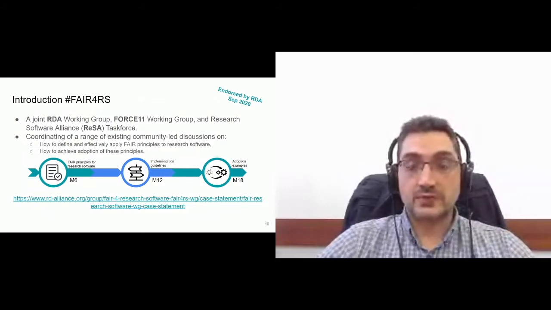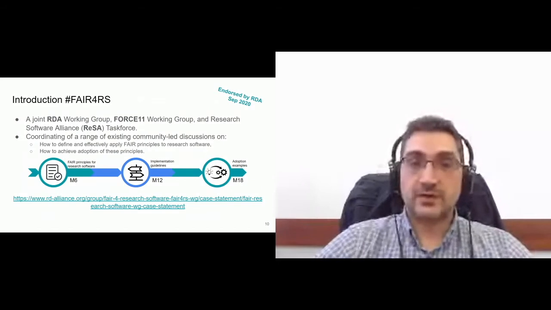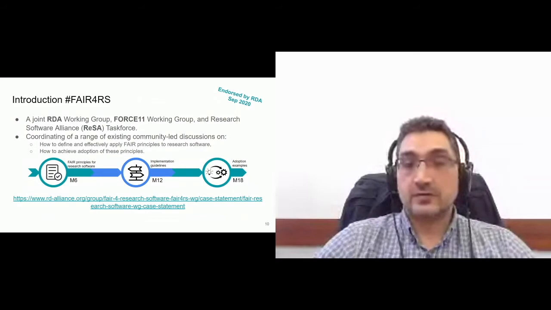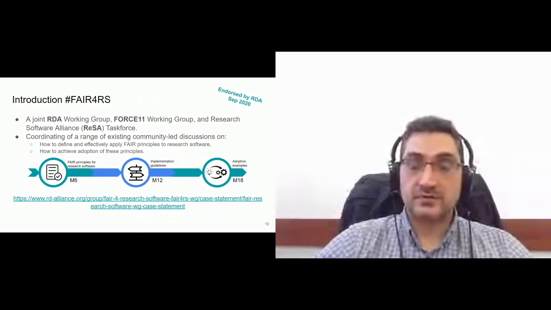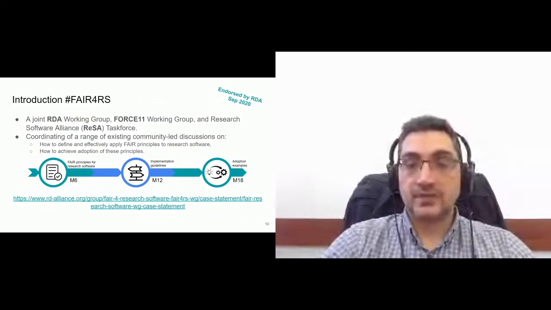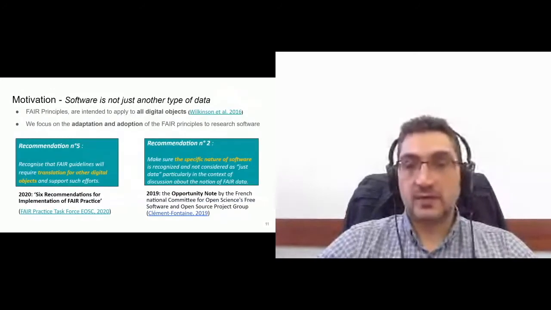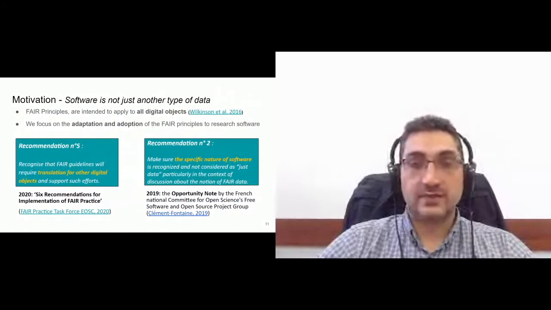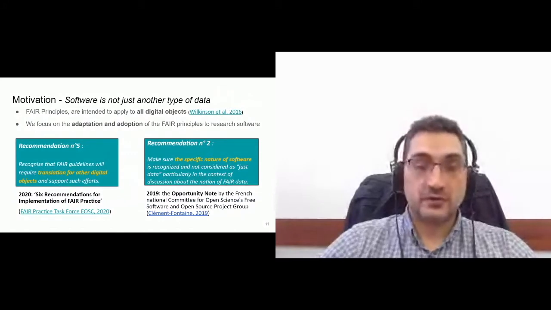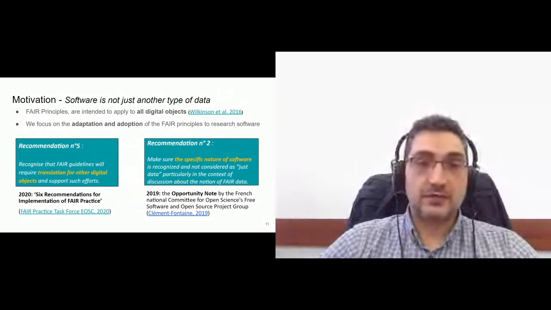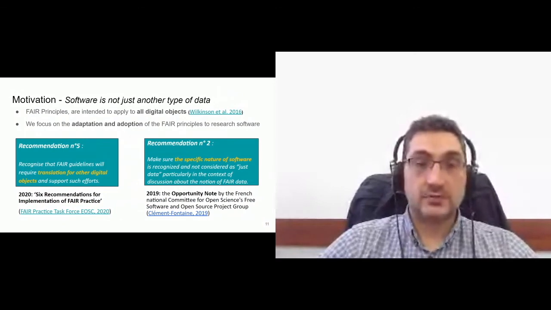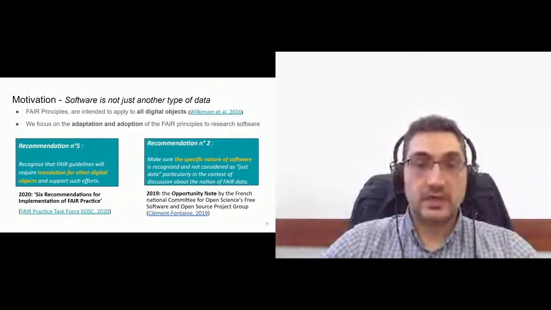So the idea was to have a working group that is a joint force between the RDA, Force11, and the Research Software Alliance in order to identify and effectively define FAIR principles for research software. This is currently an ongoing effort. In the previous session, we had a discussion on how particular principles can be identified, but the main focus of the working group itself is to define the adaptation and adoption of the FAIR principles for research software.